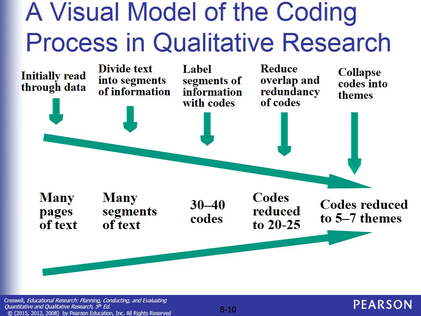And we'll talk about how you collapse codes into themes in a little bit more detail. But the whole process of qualitative research is to start with many pages of text and to interpret it by segmenting the data, putting codes onto that segmented text, and then collapsing the codes into themes.